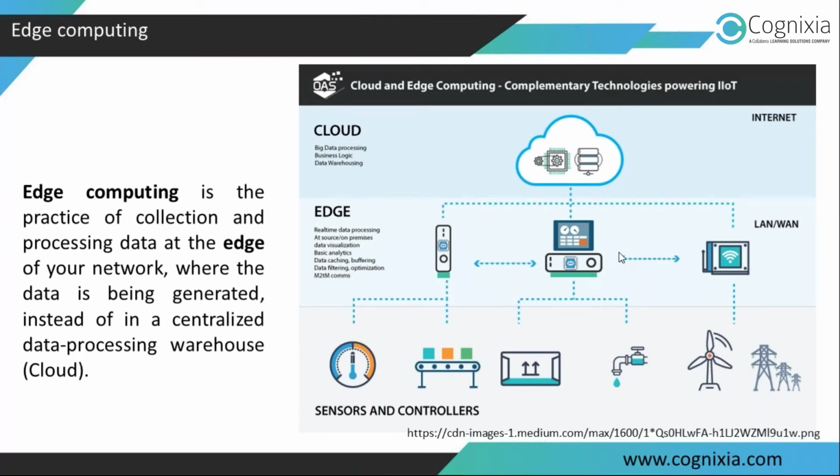Edge, as I alluded to earlier, will also help you address IT plus OT integration, and this is one of the areas where manufacturing industries are facing lots of challenges. Because most of the time, data coming from the OT, operational technology domain, is unstructured in nature, and that unstructured data requires special tools.